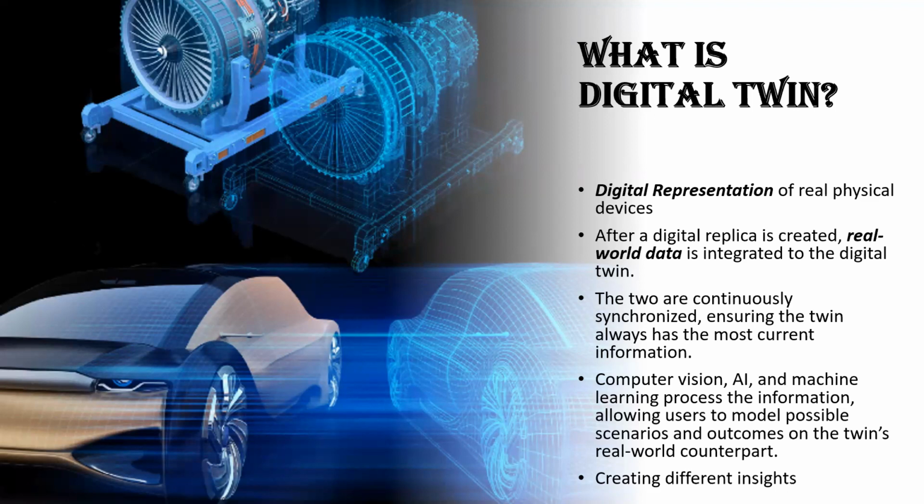Once you have this digital replica, then the real world data will have to be integrated into this. And once we have this real world data, it will start mimicking, behaving as if it is a real physical device. We do a lot of synchronization so that we get the data and our twin will always be up to date.